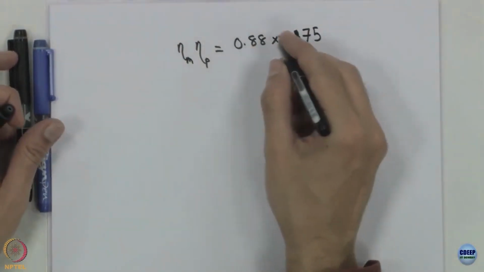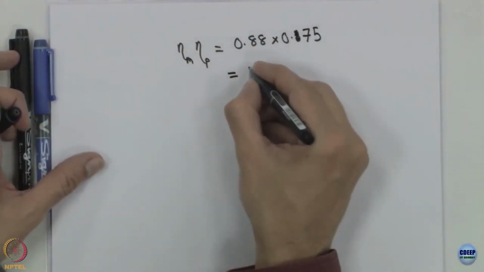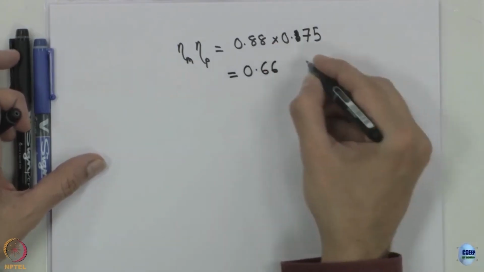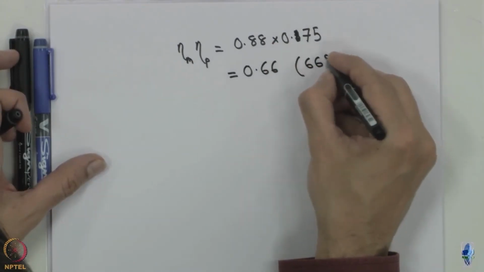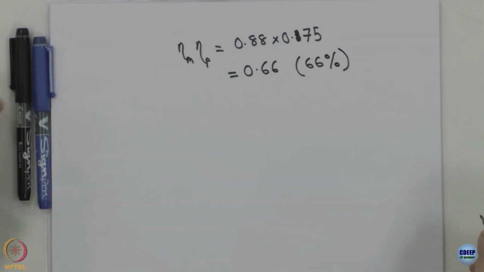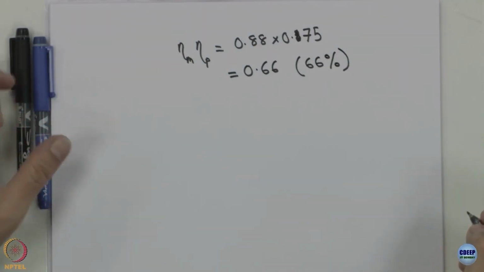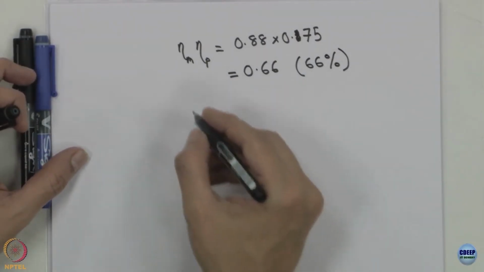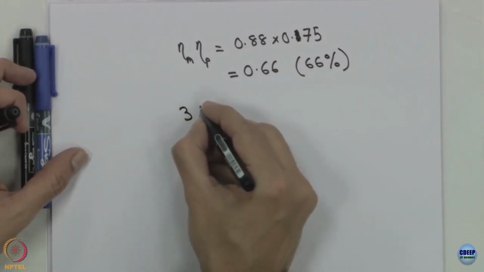That comes to 0.66, 66% efficiency, right? And we also said that, let us say 3 gigajoules of electricity is being used. So that means this is 3 gigajoules.